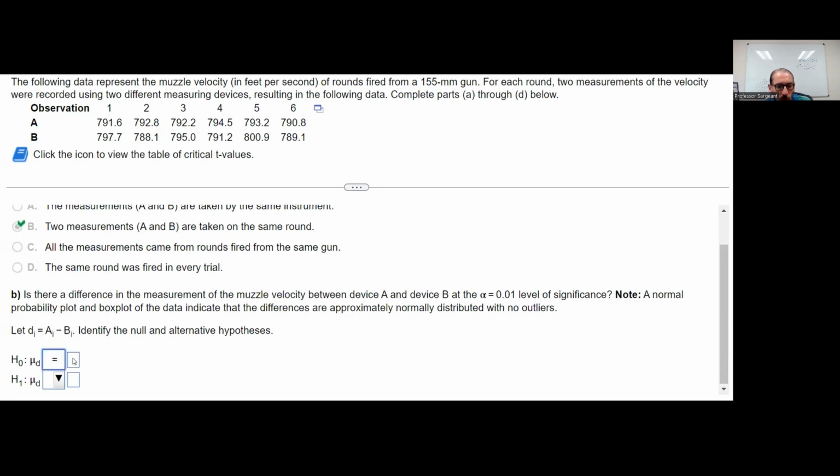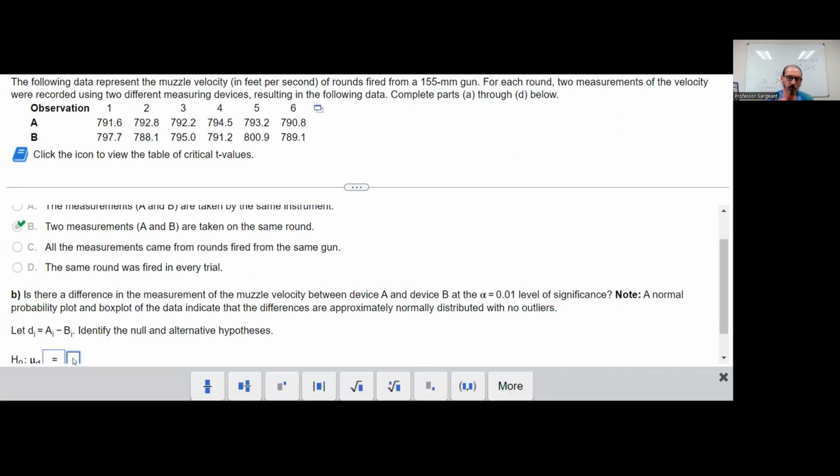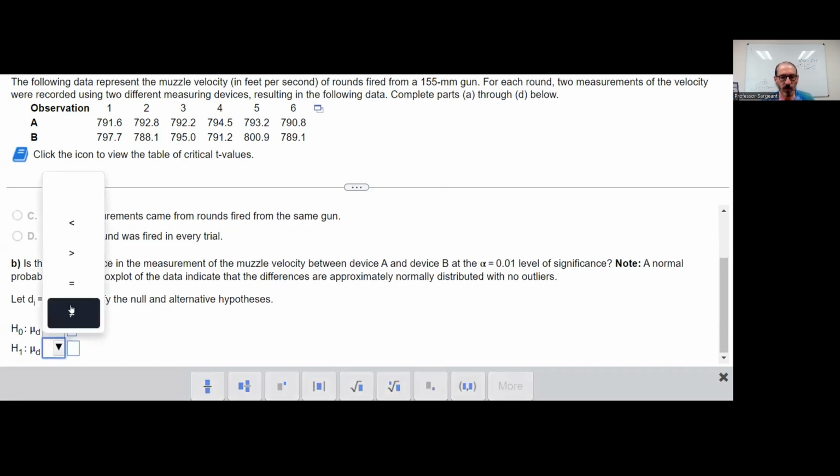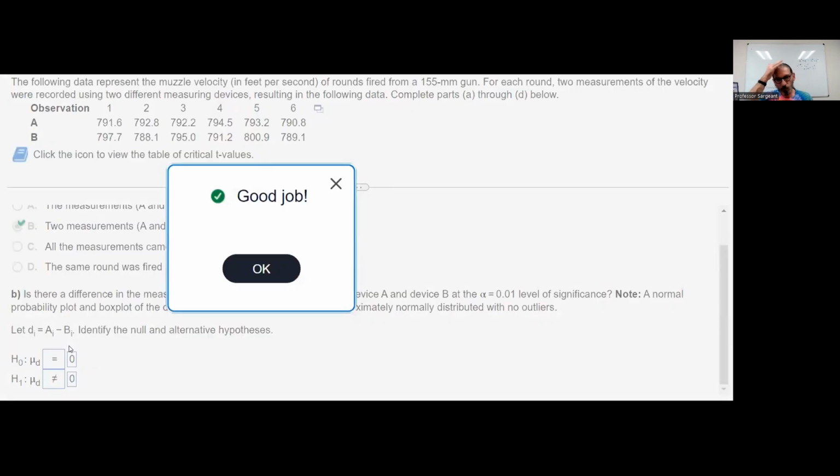Regardless, the null hypothesis would always be equals, and in this case, with matched pairs information equal to zero, saying that there is no difference. Asking, is there a difference, is implying a two-tailed test compared against the same number.